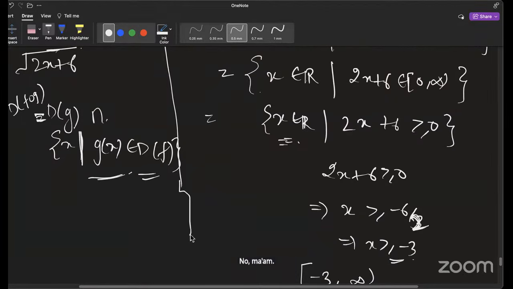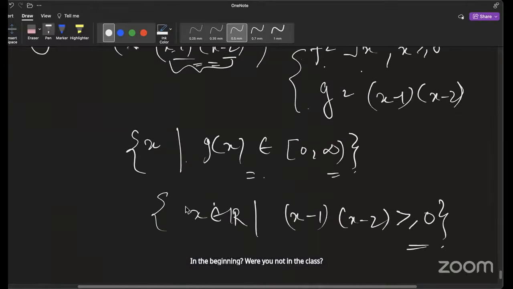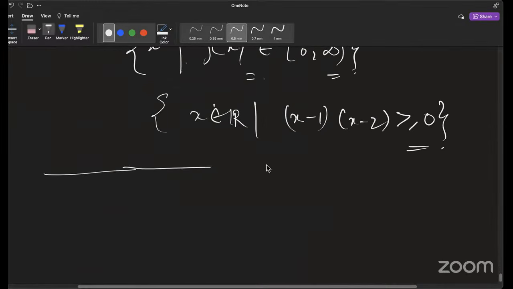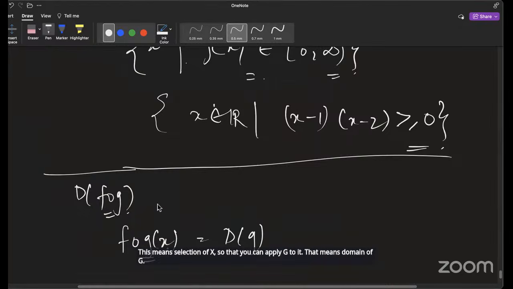We discussed it twice in the beginning. Were you not in the class? Then you need to exactly find this. This means selection of x such that you can apply g to it. That means domain of g, right?